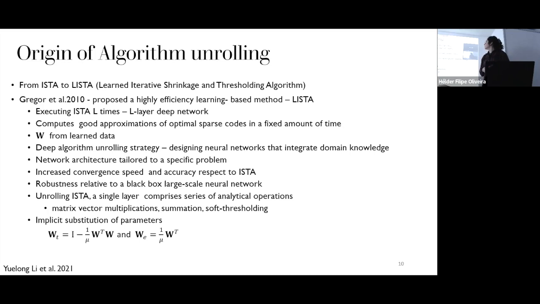This algorithm is an L-layer deep network and computes good approximations in a fixed amount of time. As we said, W was learned from data, and it integrates deep learning networks and also the domain knowledge of the iterative algorithm, which is now tailored to a specific problem, is more robust, and increases the convergence speed.